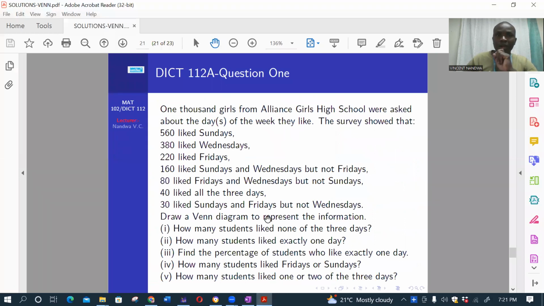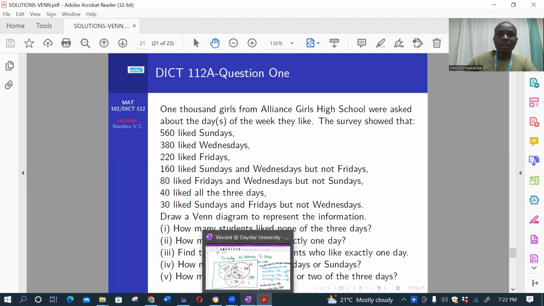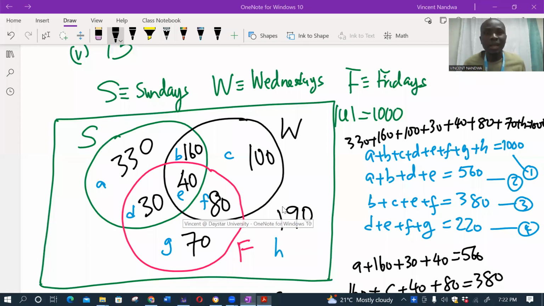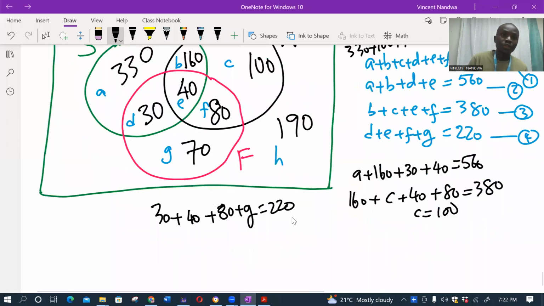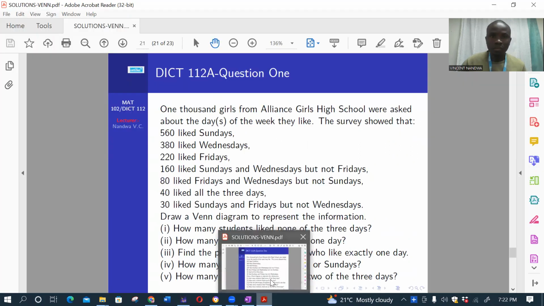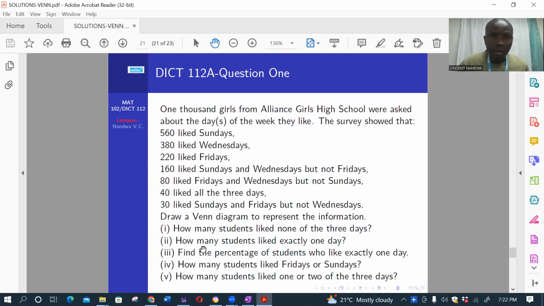So, draw a Venn diagram to show the information. Then how many students liked none of the 3 days? To have no liking of the 3 days means you are outside the 3 sets. So the answer will be 190, which is H. So 190 is the first solution. Then how many students liked exactly 1 day? That's Roman 2.